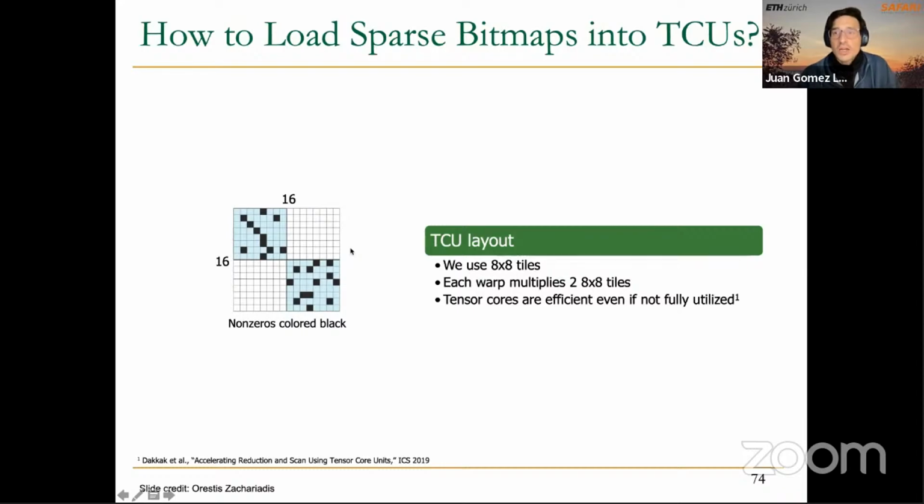But even though we are somehow wasting some of the resources, the tensor cores are extremely efficient. We show that in our work, but we have also seen that in previous works as well, such as this one that we discussed briefly in a previous lecture. You may remember when we talked about the reduction operation.